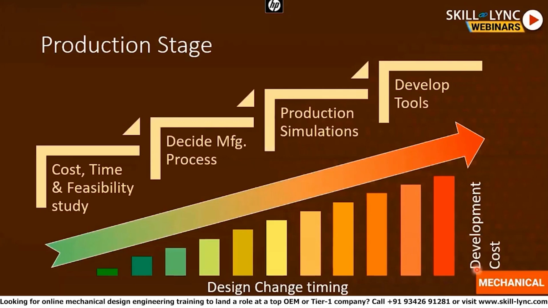There are many limitations which have to be considered before designing and producing a product. So based on this cost, time, feasibility study, the manufacturing process of each part will be decided and the production simulations will be made. Similar to the testing which we saw in the previous page, production simulations are also now being conducted.